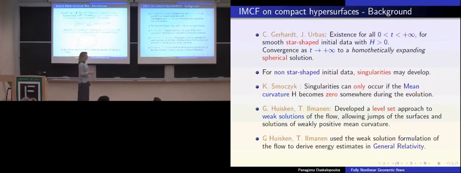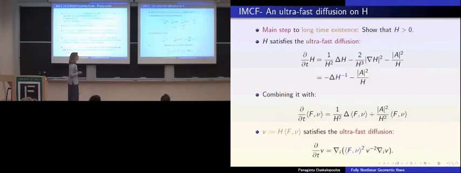Now, Huisken and Ilmanen developed a level set approach for a notion of weak solutions, and the idea of these weak solutions is to allow jumps whenever H becomes 0, and somehow jump to something where H is positive and continue the flow. And the reason they did that is because they had in mind to prove some energy estimate in general relativity, in particular some form of the Penrose inequality.